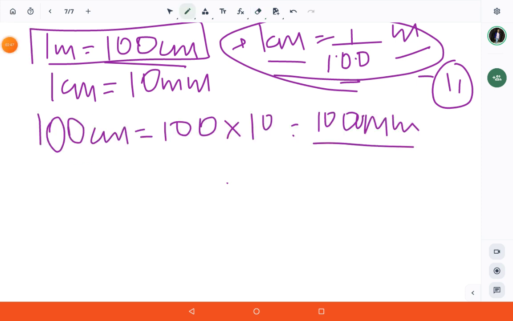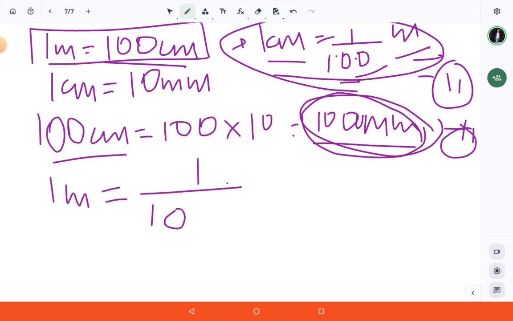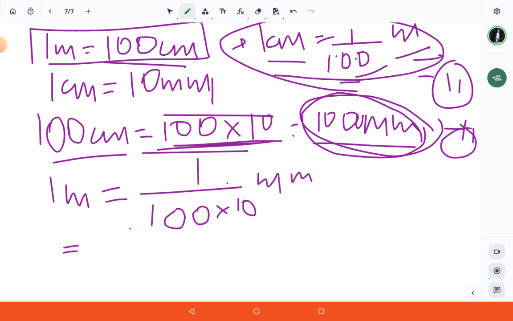Yeah, this particular thing I was correct at. So 1 centimeter is this meter. So 100 centimeter will be how many millimeter? 1000 millimeter. Similarly, here we can establish that 1 meter is going to be 1 by 100 into 10 millimeter. So what does that give us? 1 by 1000 millimeter. I hope it is crystal clear now.